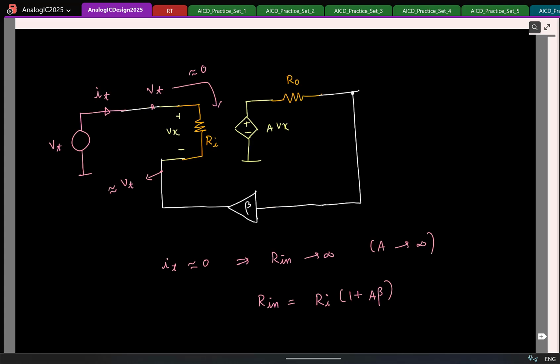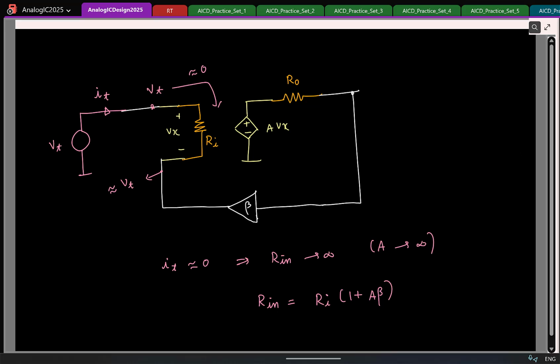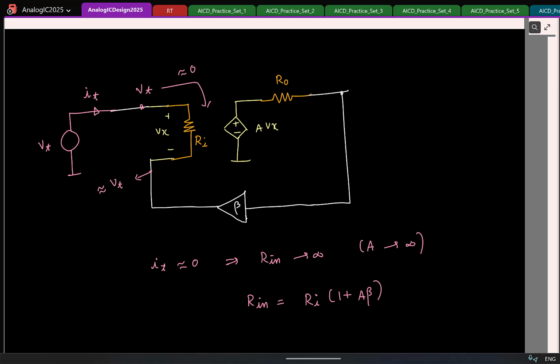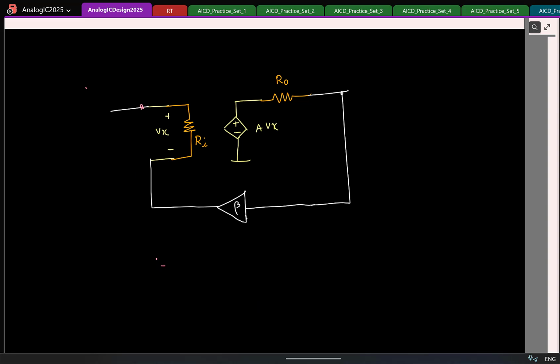So let's also look at what happens at the output side. We'll erase this. So this is your negative feedback system. If I were to find the output resistance, what do I do? What will I do to the input voltage?